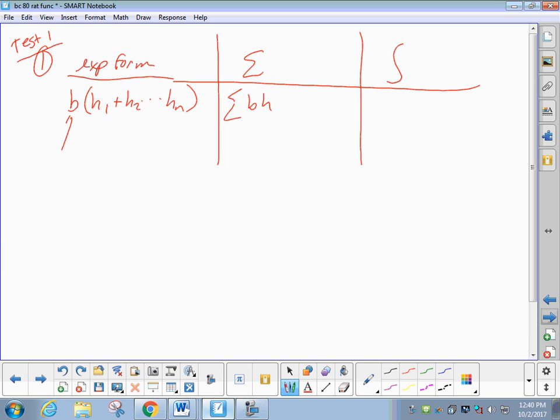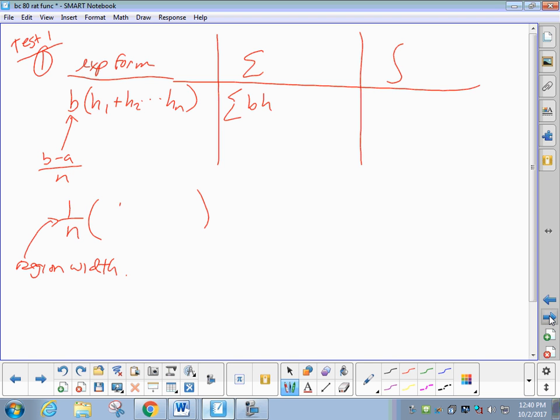The base always comes from the total region divided by how many chunks. So the base will always be some kind of something over n. This tells you the region width, or the base of each rectangle.